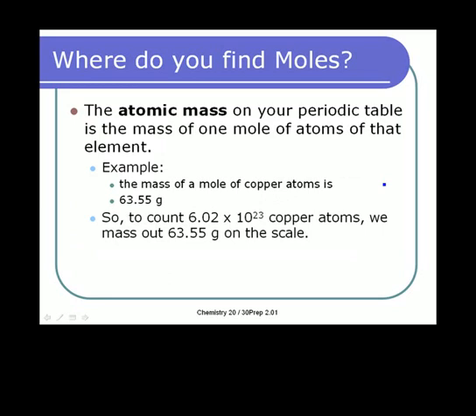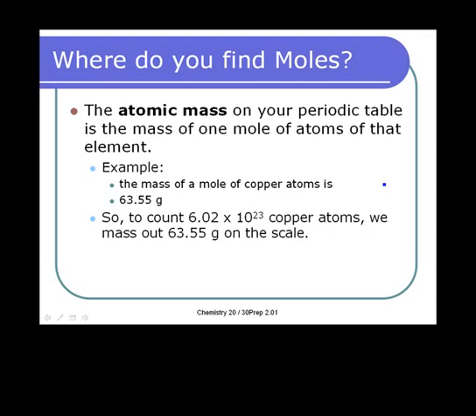So the atomic mass on your periodic table is the mass of 1 mole of atoms of an element. It's the number that's in the top right-hand side of each of those elemental symbols. If you take a look at just the copper symbol on your periodic table, in the top right-hand corner it says 63.55 grams.